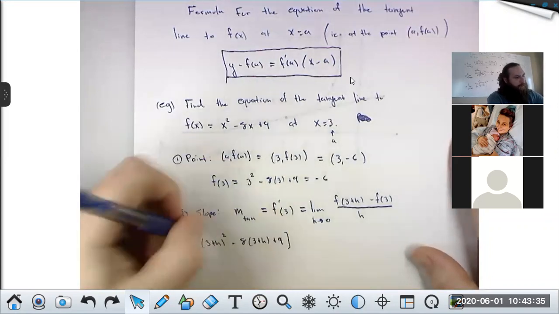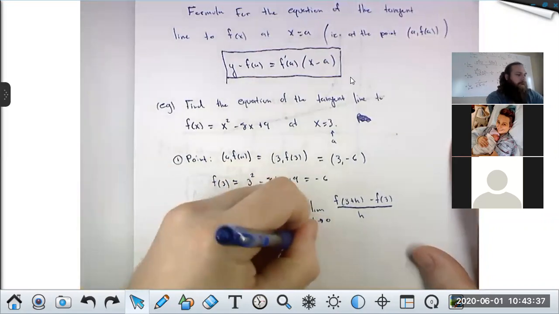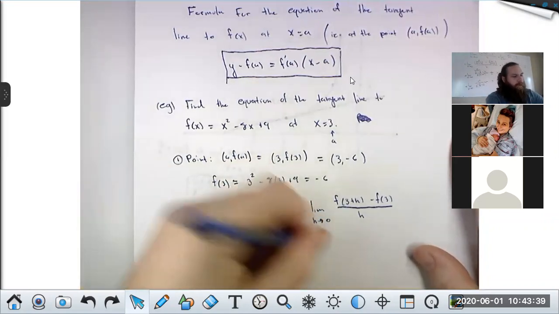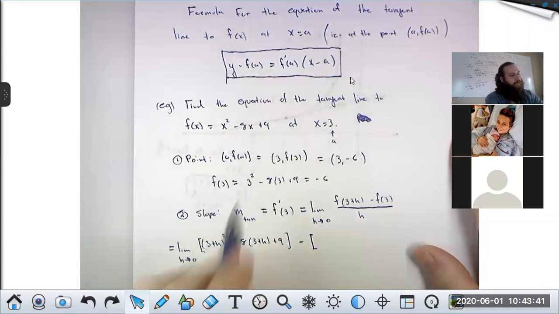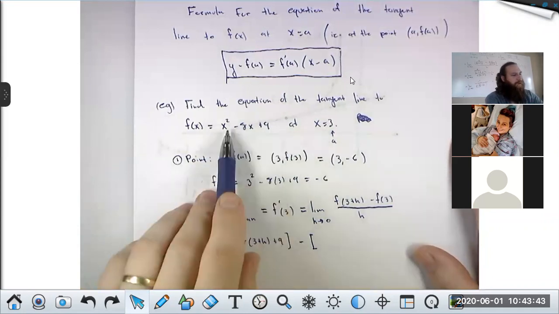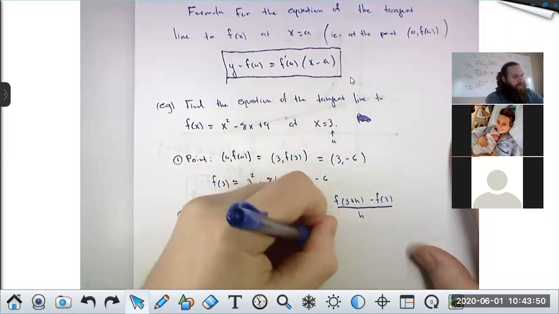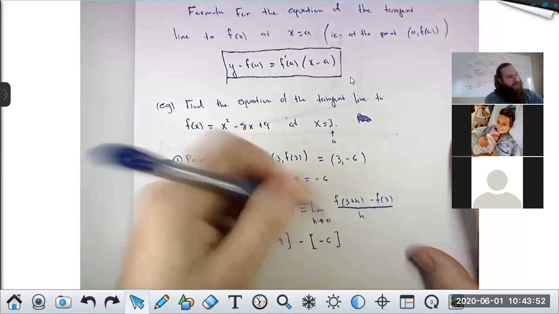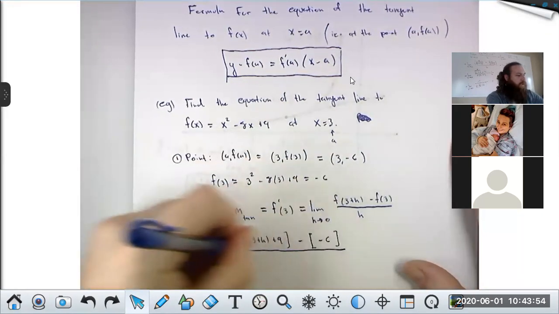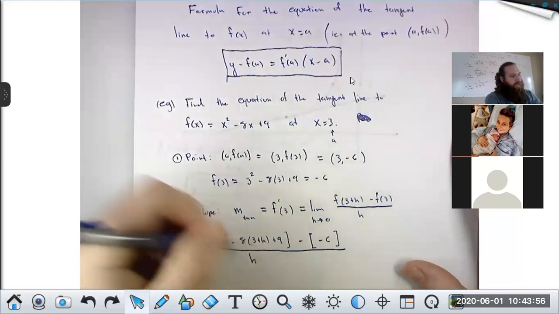So that's f of 3 plus h. And then from that, I'm going to subtract f of 3. F of 3 is what I get when I plug 3 in here. Oh, but I've already done that. Actually, that's negative 6. Minus negative 6. And then I divide all of this by h.